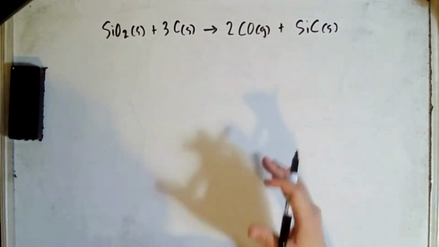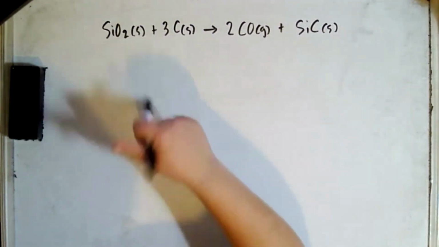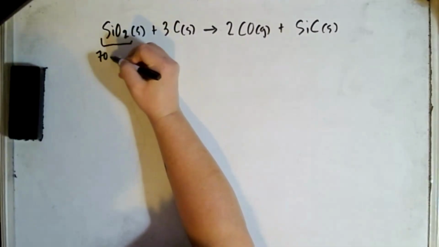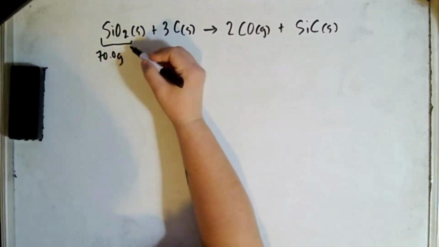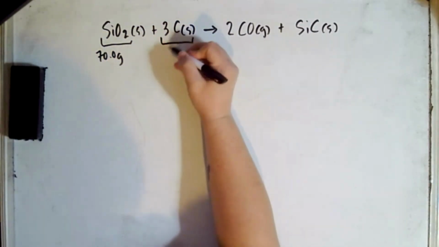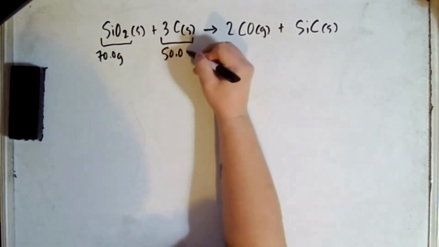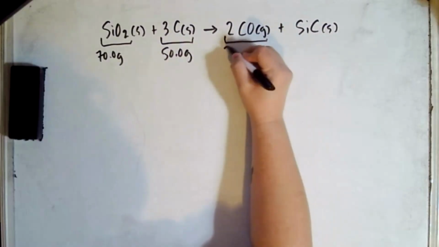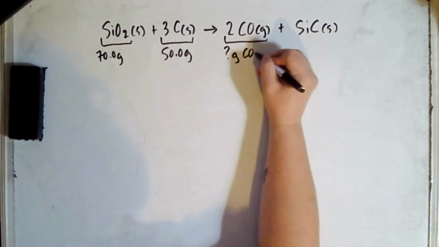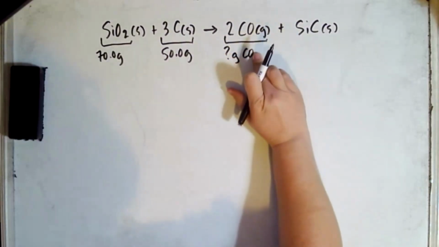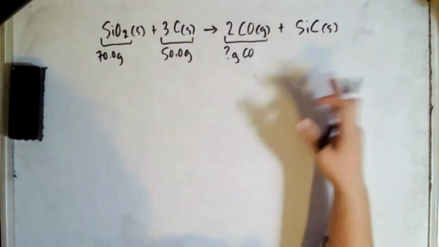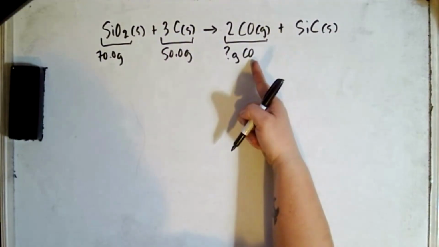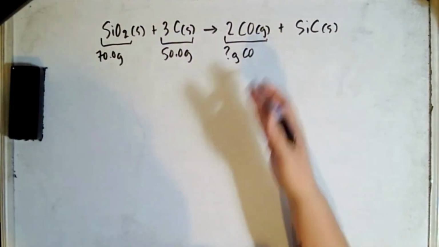What this question specifically asks for, though, is this: we've got 70 grams of the SiO2 and 50 grams of the carbon, and it's specifically asking us how many grams of the CO are going to form from that. So even though there's more than one product listed, they're telling us the product that we focus on. Okay. So you just use the product in the question that they're asking you about.